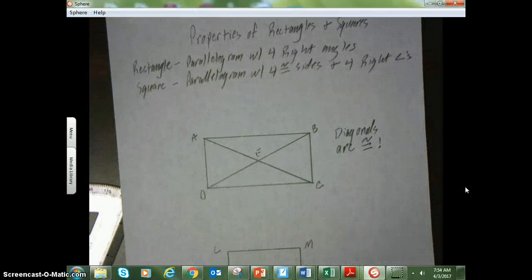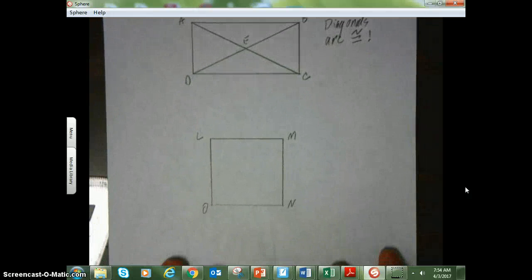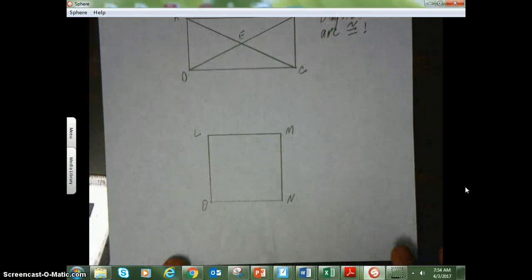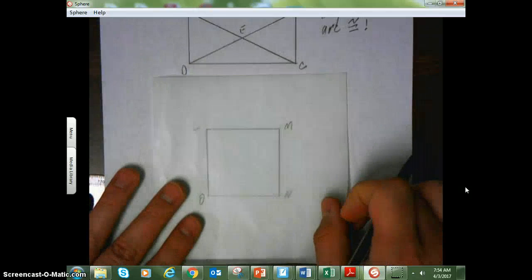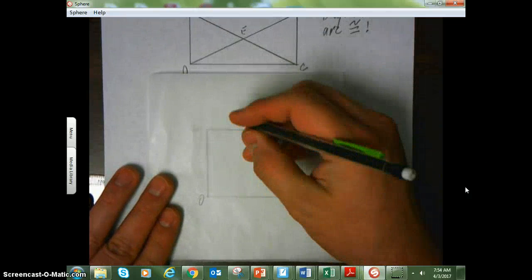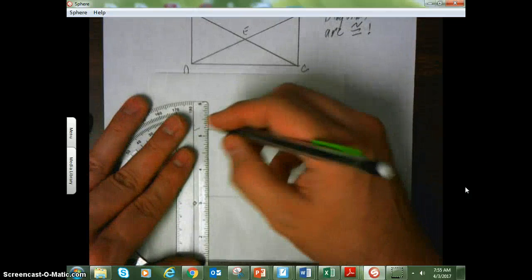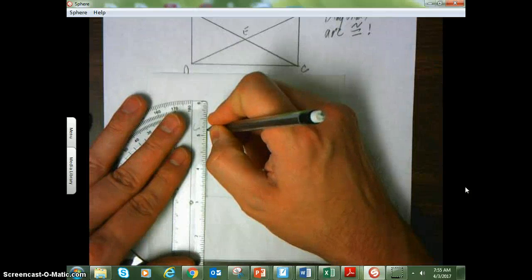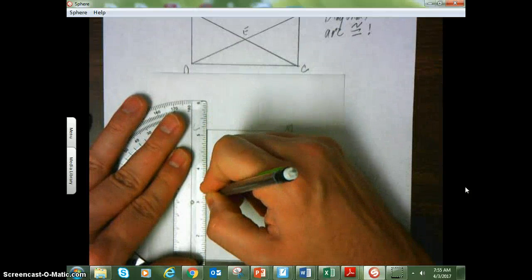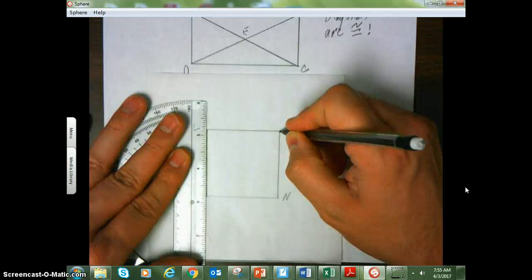So now let's take a look at our square. Remember, a square by definition is a parallelogram that has four right angles and four congruent sides. So I'm going to take one more piece of patty paper here, and I'm going to go ahead and trace that on.